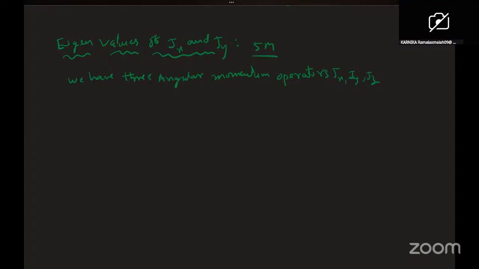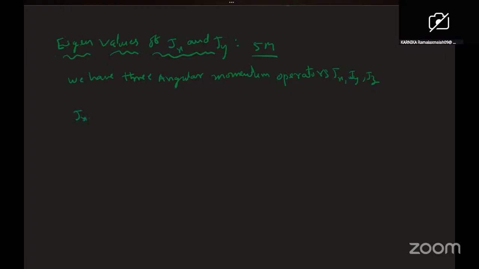Okay. So here Jx, Jy value is equal to, already you know that value, before the equation I am telling, that is also the same. Here you write these three values. Which ones are the three angular momentum operators? Three angular momentum operators Jx, Jy, Jz.